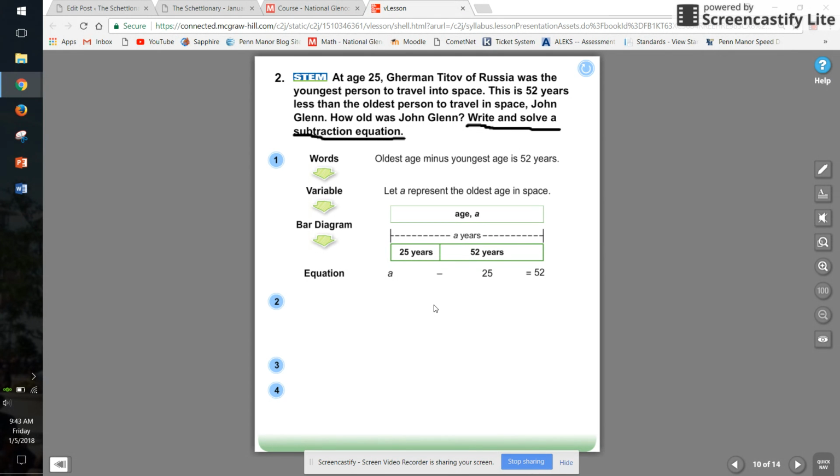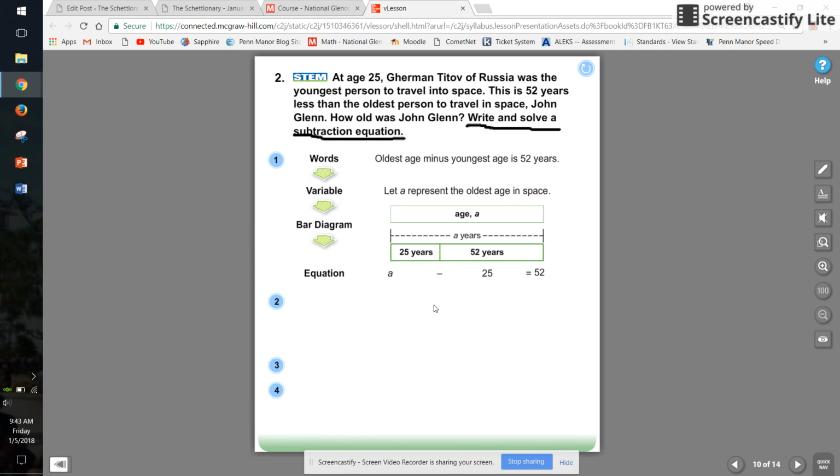And if we look at a bar notation of what we're doing here, we have the 25 years that are labeled in our word problem, also the 52 years, which in this case is the answer to our word problem, which leaves us with how old John Glenn was. Our equation we're going to write is A minus 25 equals 52, which is sort of reverse engineering an addition problem, if you want to think of it that way.